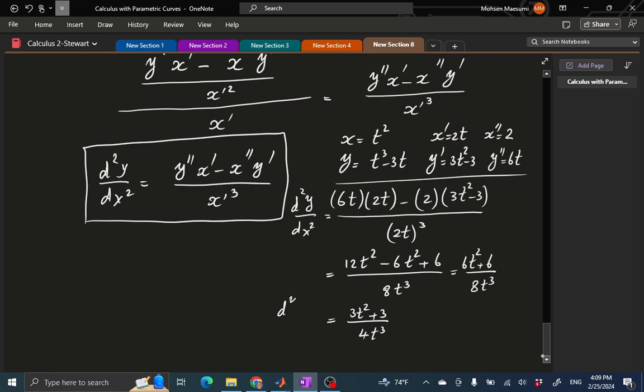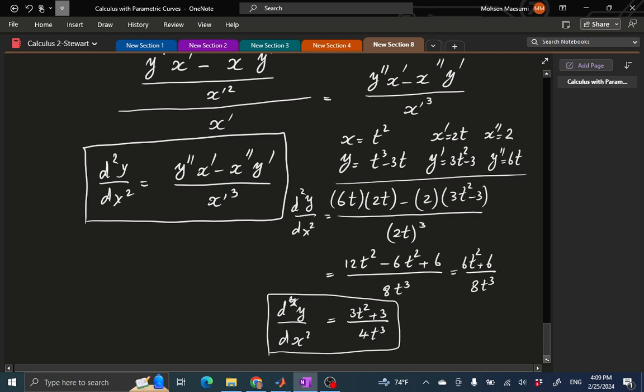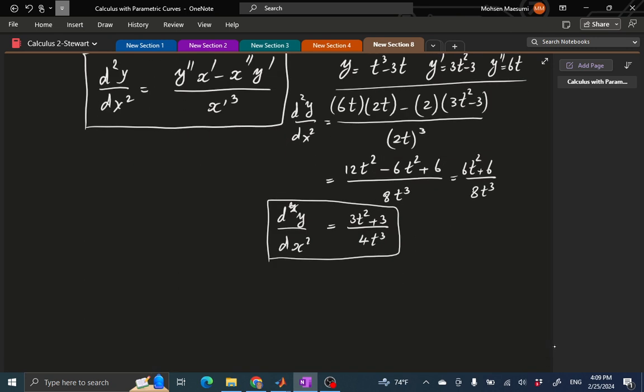This is d2y/dx2. What do we conclude? Well, suppose I want to know for what t values the curve is concave down or up.